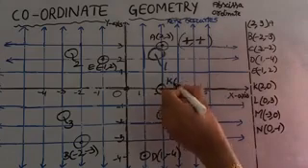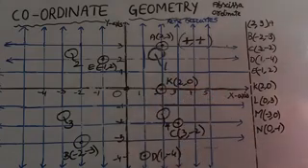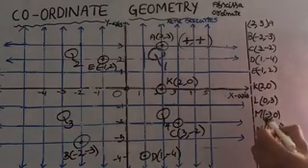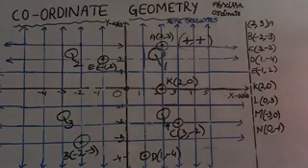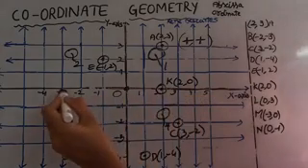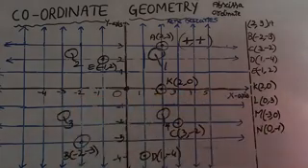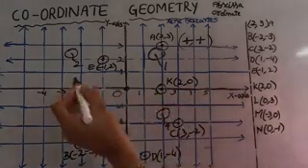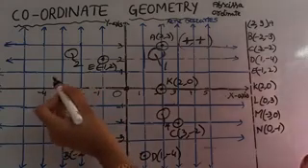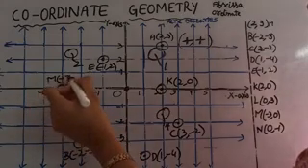K (2, 0). Understand? And here another point, M (-3, 0). The abscissa is -3, and the ordinate is 0, which means it is on the x-axis. M (-3, 0).